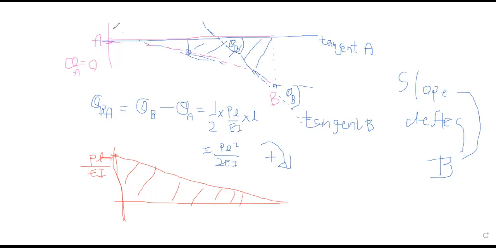This is very critical. So here we know theta A is 0. The tangent is horizontal. So it is just theta B, right?